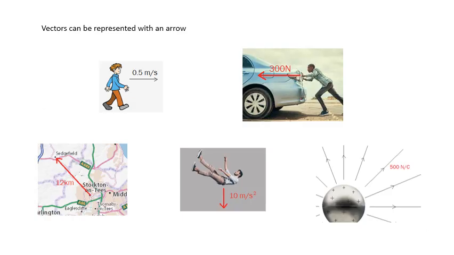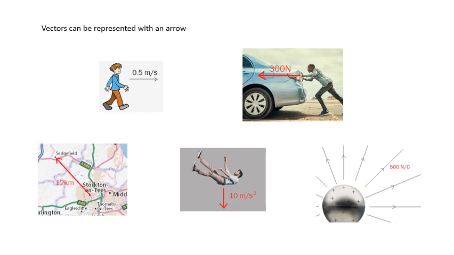Something else about vectors which is very useful, we can represent vectors with an arrow. We can draw an arrow. Because vectors have direction, we can represent the direction of the vector with an arrow. There's Joe walking at 0.5 meters per second in that direction. There's a bloke pushing a car with a force of 300 newtons that way. Look at the map.